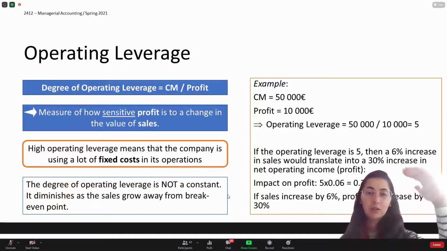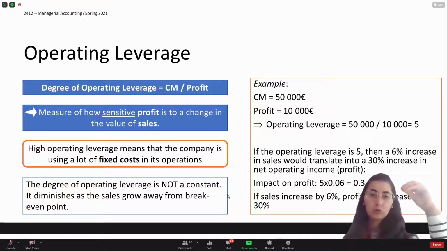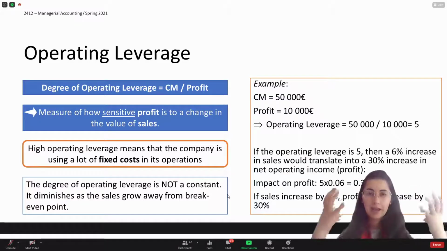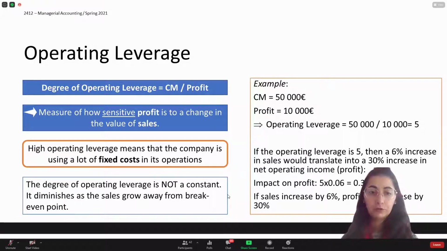We have sales revenues, then minus variable costs, minus fixed costs. When we divide the contribution margin by the profit, we are basically seeing how much is the weight of the fixed costs. So when we have a high operating leverage, it means that we are using a lot of fixed costs in the operations.